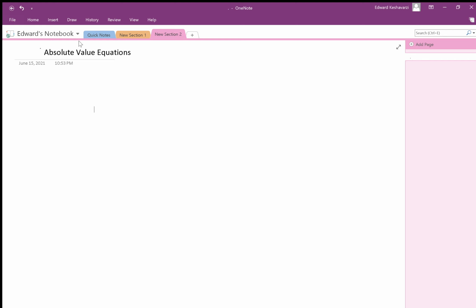Today's lesson is about absolute value equations. As you learned already, an absolute value can be changed to a piecewise function. For example, the absolute value of x minus 2 is either x minus 2 when x is larger than or equal to 2, or negative x plus 2 for x less than 2.